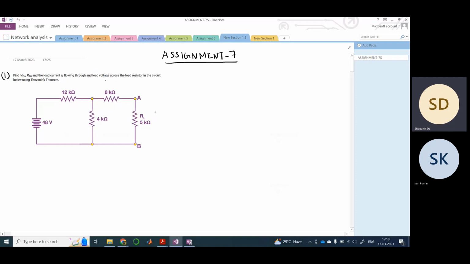Straight away you understand that you need to open circuit your RL, which is of course 5 kilo ohm. If you do that, what happens? It is a very simple problem. I kept a simple problem so that you are able to understand, and then we go into the deep.